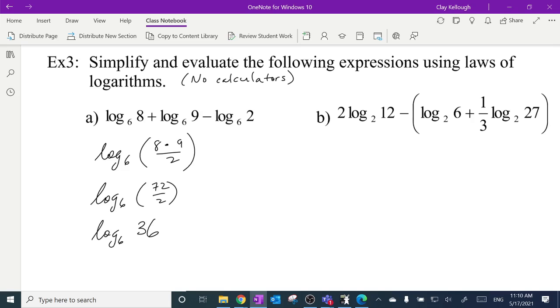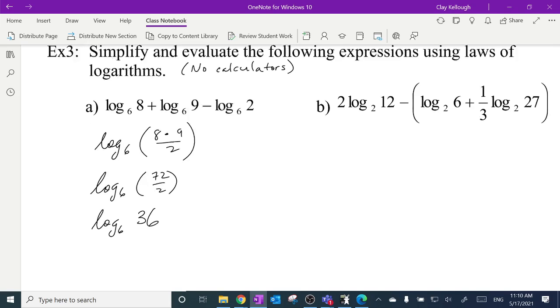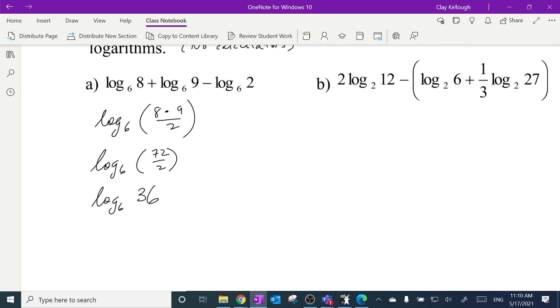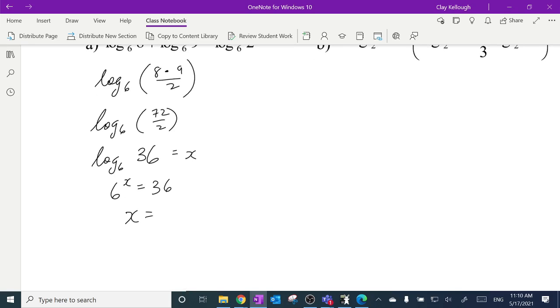And you should not need a calculator for that because you can either just look at it and just know that, oh yeah, 6 times itself twice makes 36. Or if you have a hard time thinking about that, at this point you can call that x and then rewrite this in exponential form. Base, exponent, argument. And right there, 6 times itself how many times is 36?